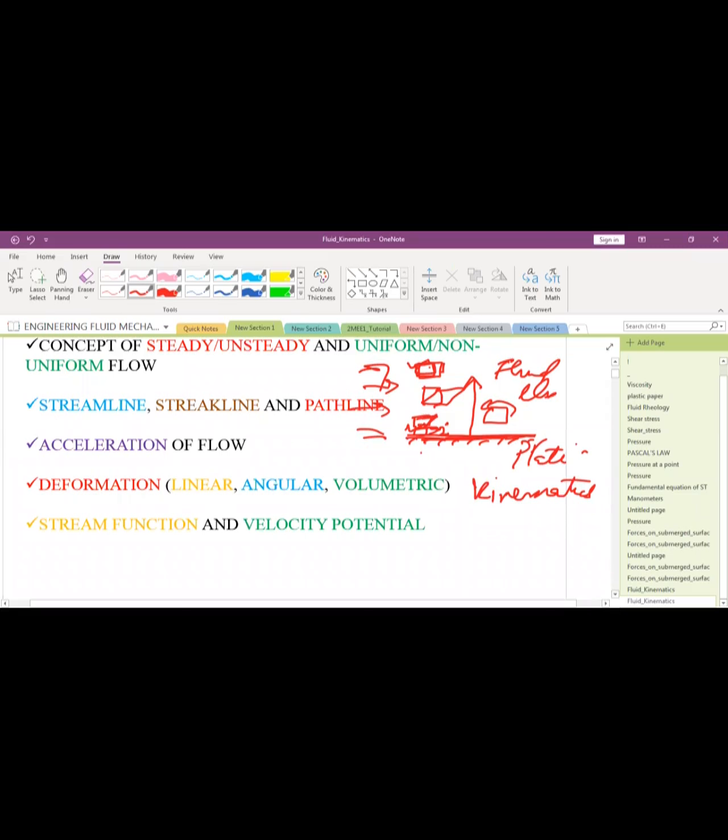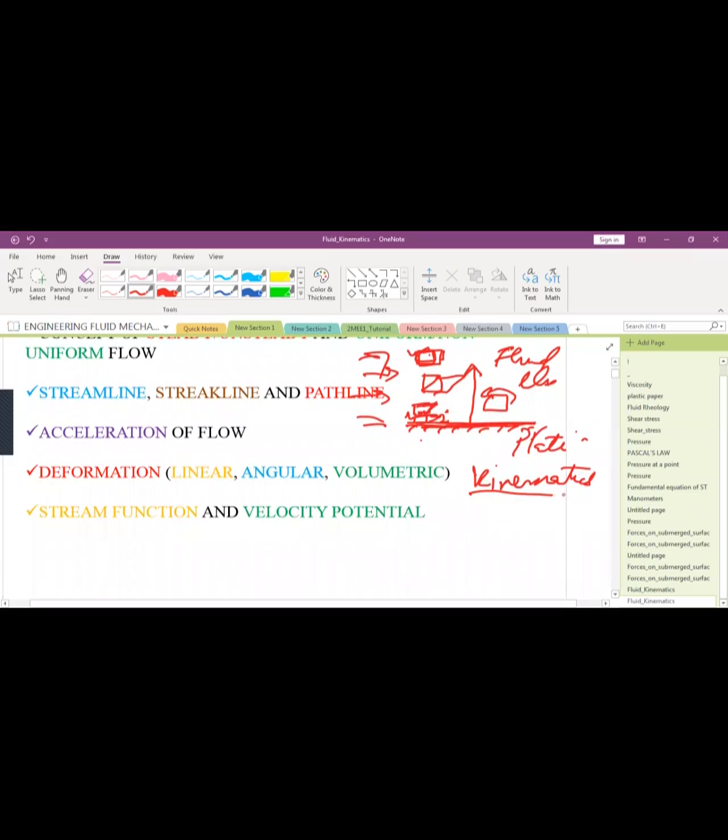And in the previous lecture and this lecture, we will be interested in this kinematics part. That is, how is the fluid element moving within the flow, whether it is deforming, whether it is rotating, whatever is happening to that particular fluid element, we are interested in that, but we are not at all bothered why it is happening.